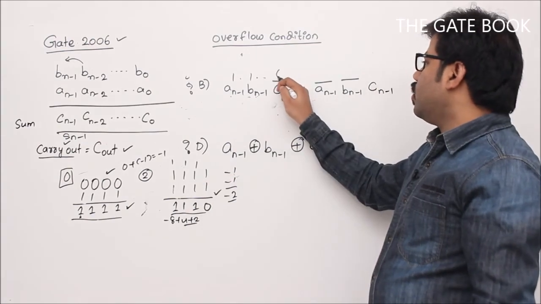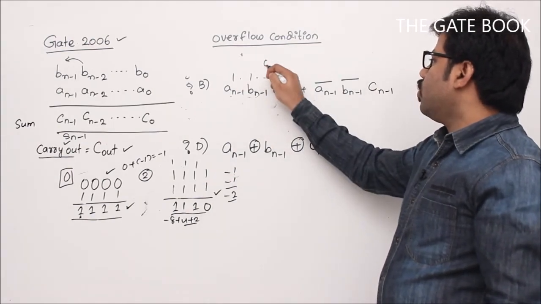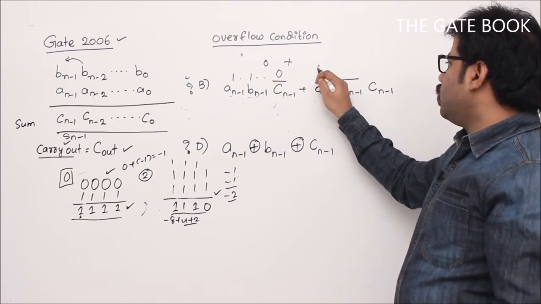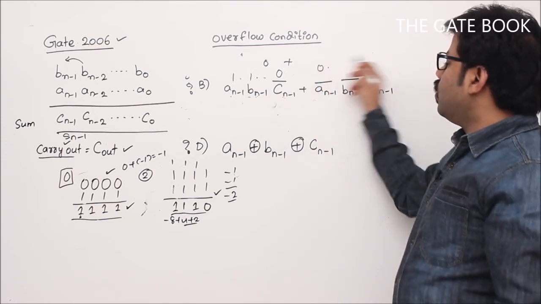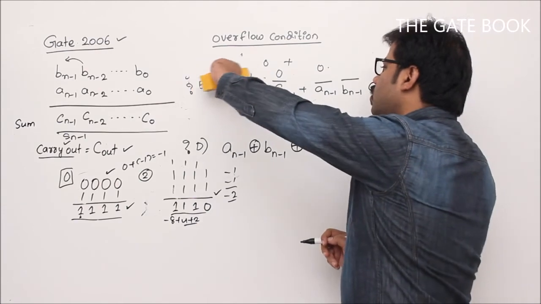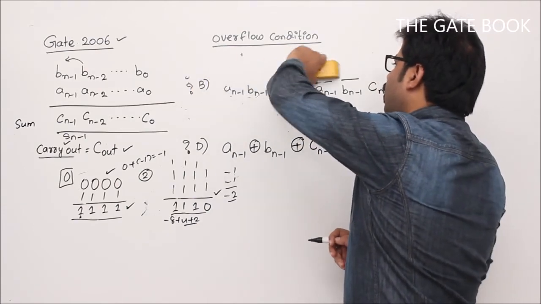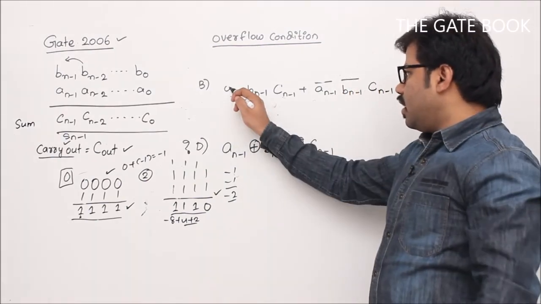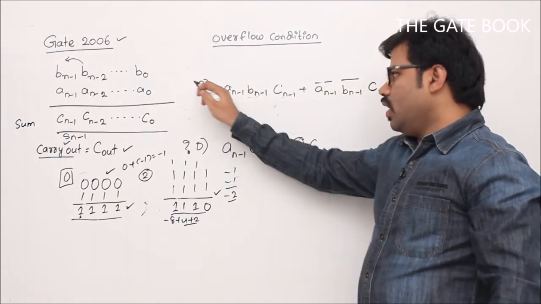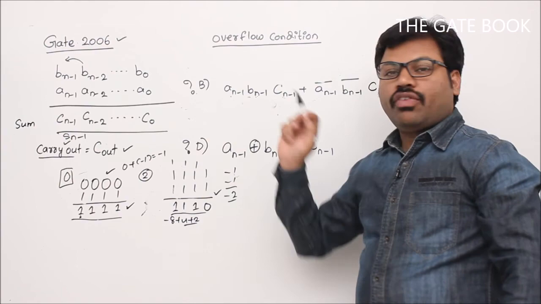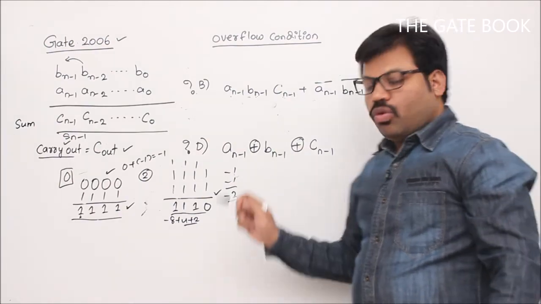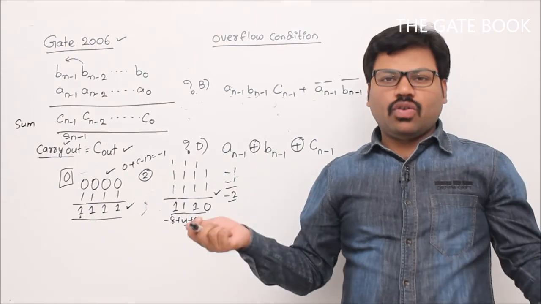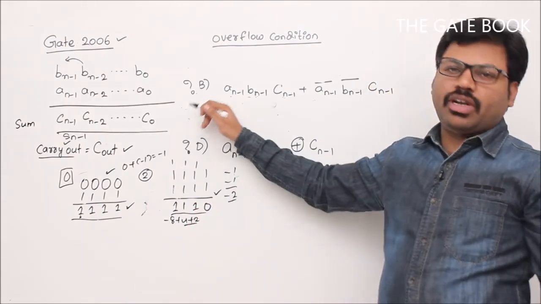So bar is 0. 1 into 0 is 0, plus An minus 1 bar, 1 dot 1 bar, 0. 0 into anything is 0, so this component is 0. 0 plus 0 is 0. Finally you get 0 here. So there is no overflow, and at that time the correct equation should give 0. It is giving 0, but still I am putting a question mark because if something detects only one overflow condition, we can't say that it detects all overflow conditions. That's why it is still an open question.